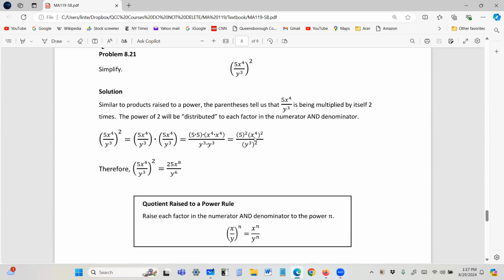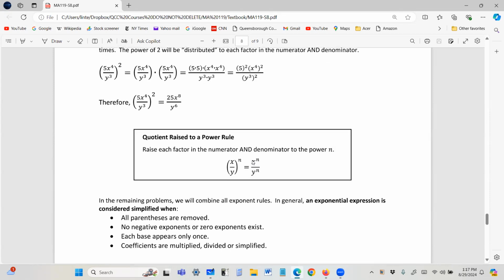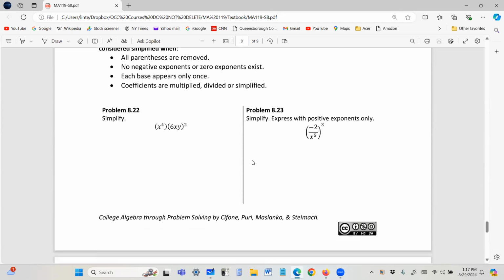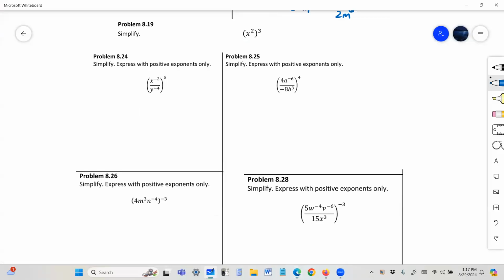X to the 4 squared would be x to the 8, 4 times 2. And y cubed squared would be y to the 6, 3 times 2. So it doesn't matter if you have an exponent in the numerator or denominator or both, the exponentiation takes place in both cases, okay? And that's the last property we're going to see.